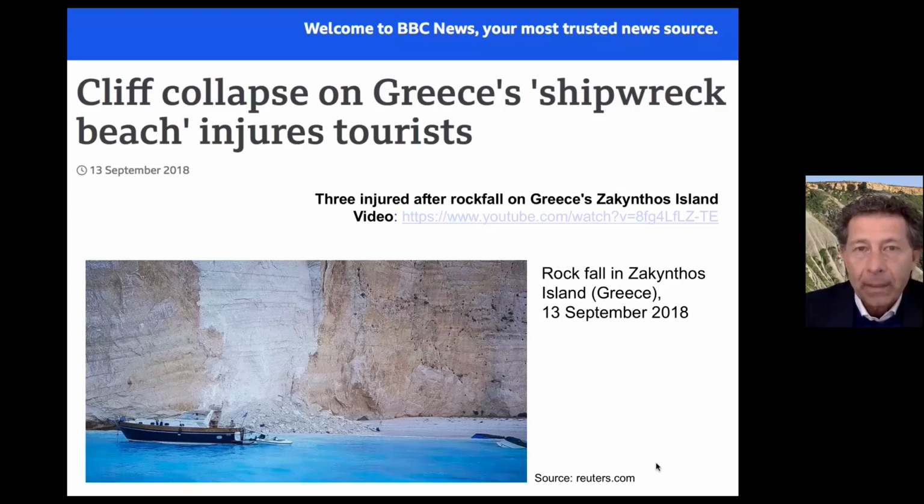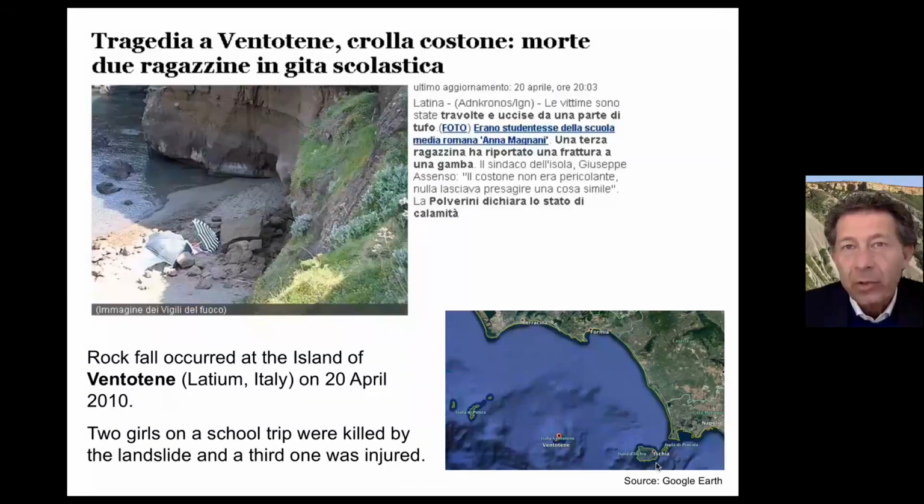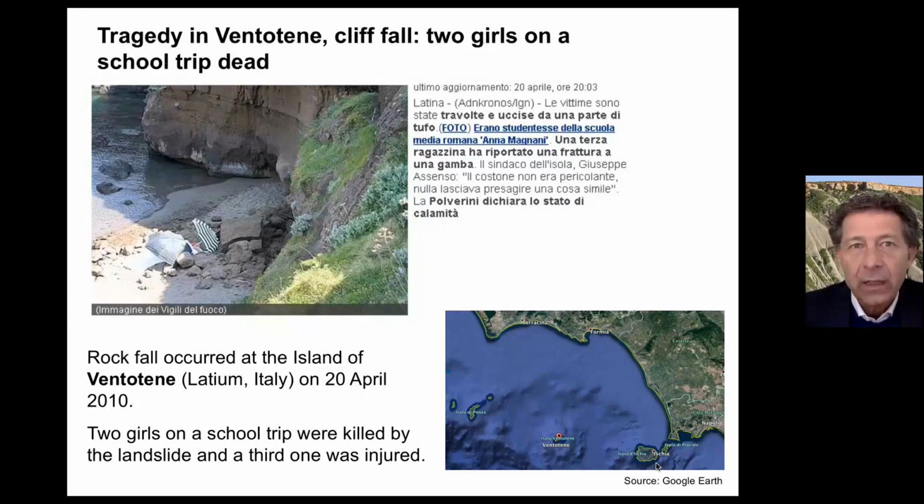the bay. I would like to mention also another significant case which caused the death of two young ladies on a school trip. This happened in 2010 on an island outside Latium near the coast of Rome, where a very small landslide, but a lethal one, detached from a cliff.